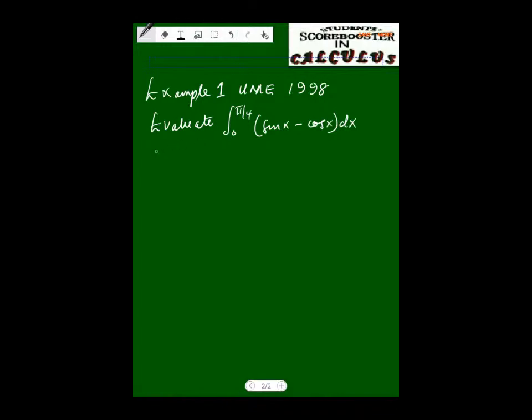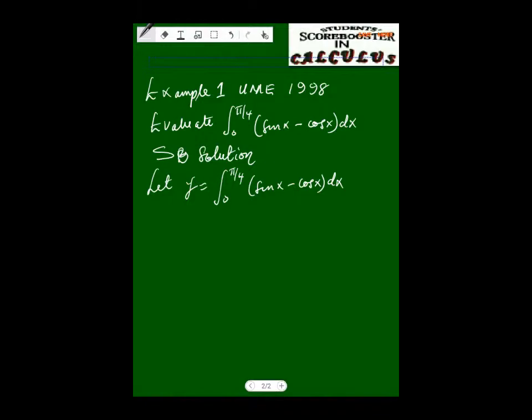So our solution goes thus. Let y be equal to the integral from 0 to pi over 4 of sine x minus cos x dx.